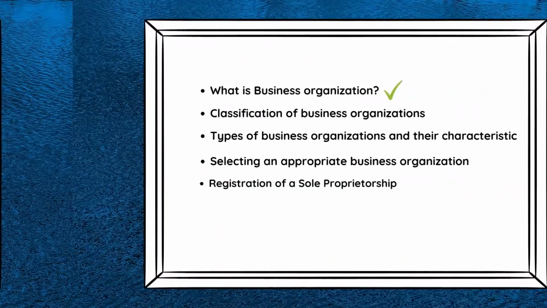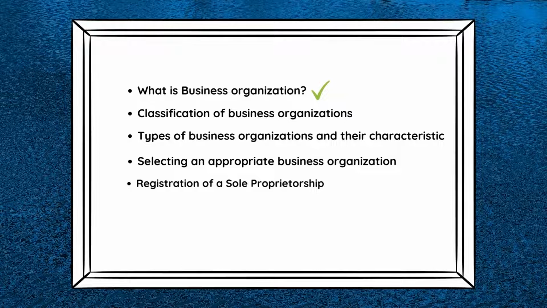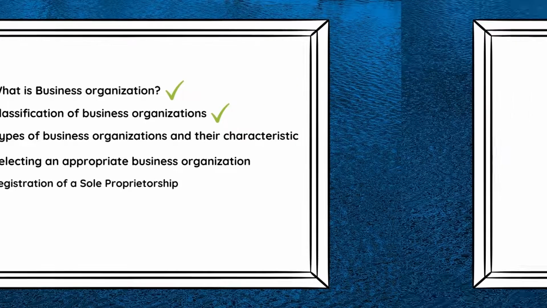Okay students, we have finished discussing the first subtopic, what is known as business organization, and the second subtopic, classification of business organizations. And we will be discussing the third subtopic of this chapter, the types of business organizations and their characteristics. First of all, let's see what types of business organizations we will be discussing in this chapter.